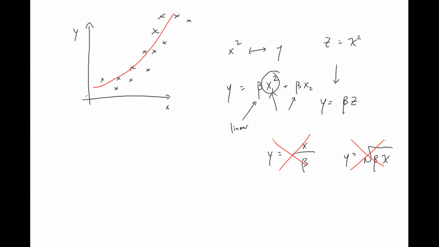And the way that you could deal with that is to do a log transformation in order to linearize either my x's or my y's. And so let's look at these transformations and what that means for our interpretations.